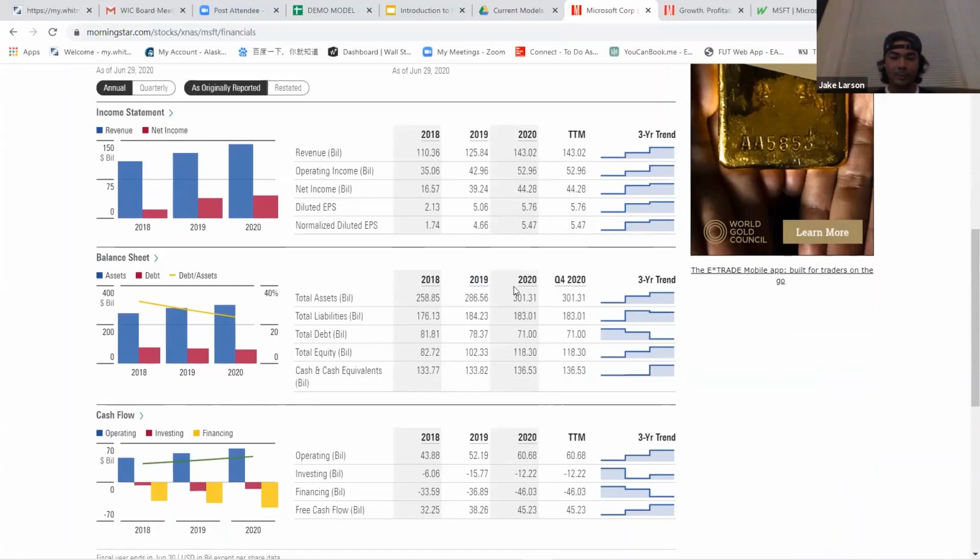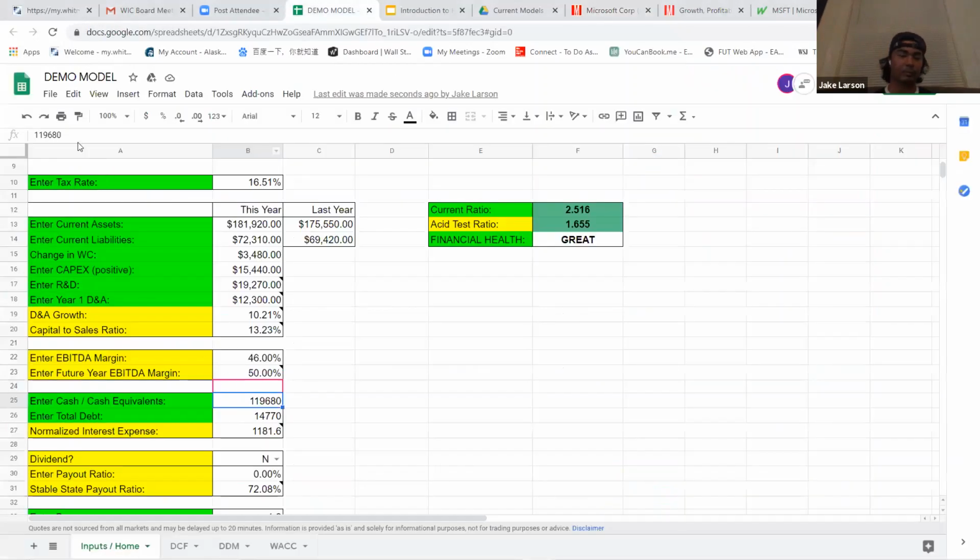Here I will take the data for the 2020 fiscal year, which is $136.53 billion. Also make sure you transfer the unit from billions to millions here.